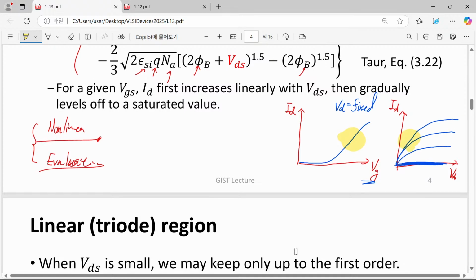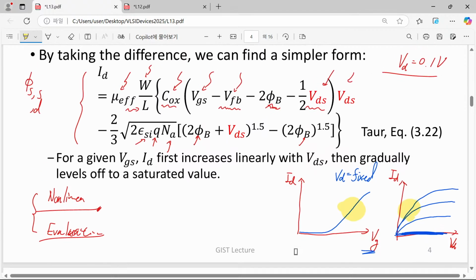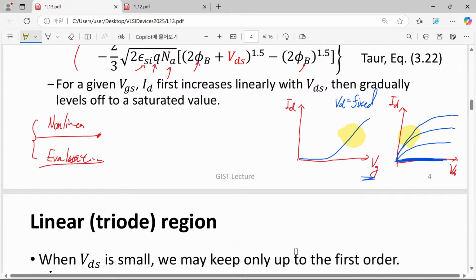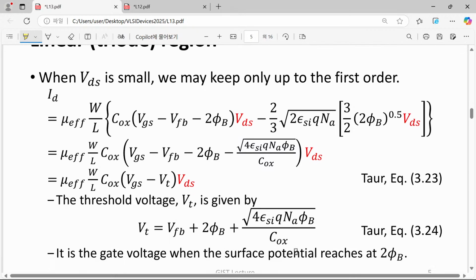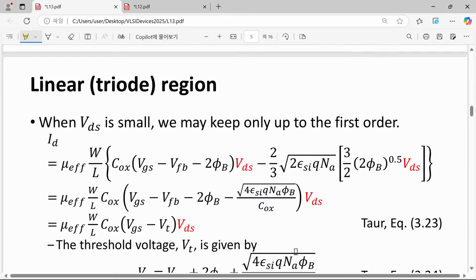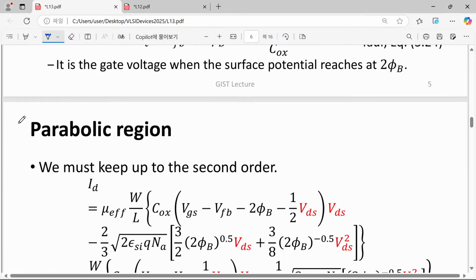So in this case, we can write down quite a simple expression. The next two slides are devoted to further simplification of this expression. This one is a linear approximation in terms of VDS, but I think we can just skip to the parabolic one.